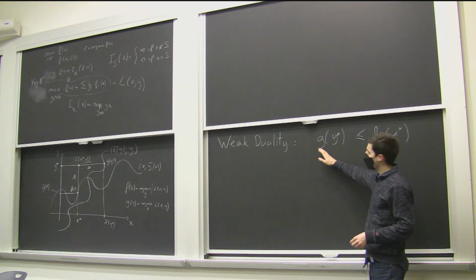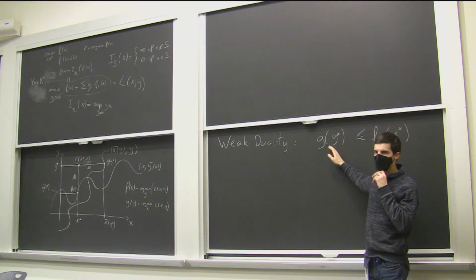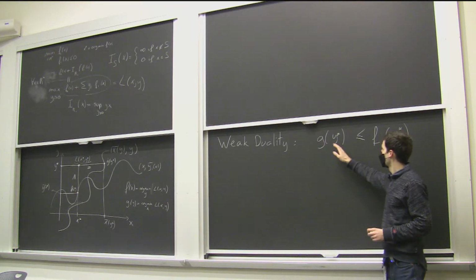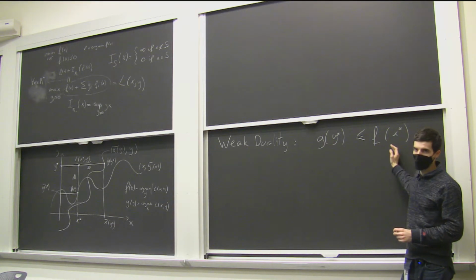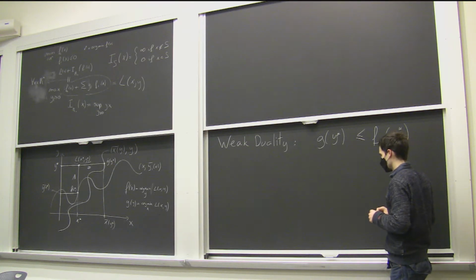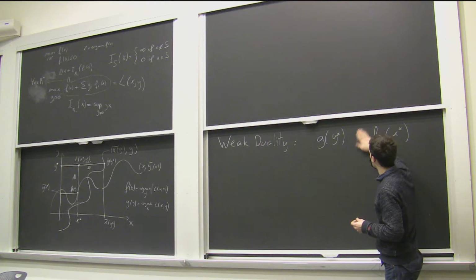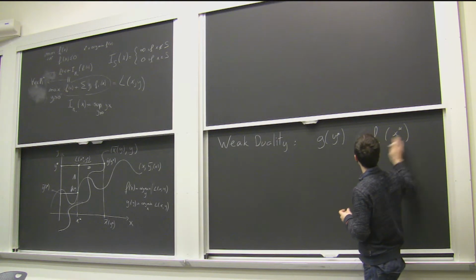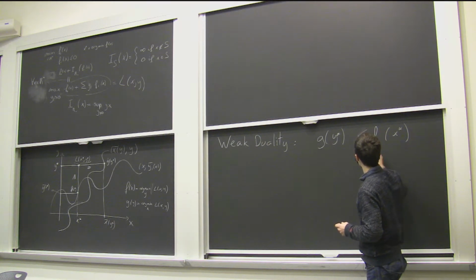When you solve the dual problem and you look at the optimal value, you will always get something smaller than the optimal value of the primal problem.